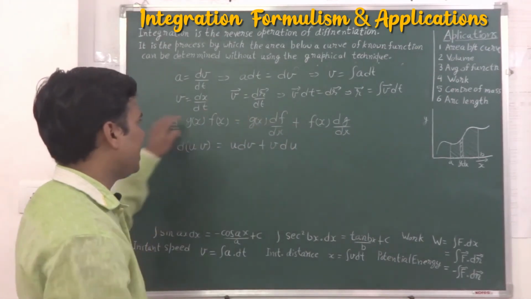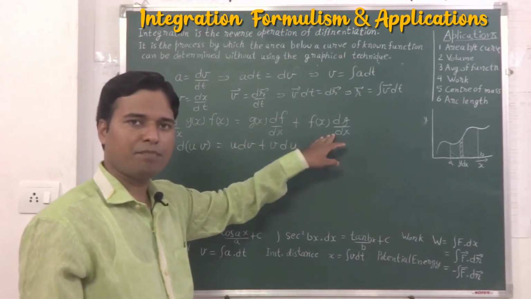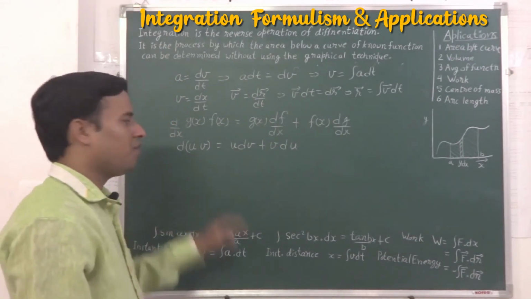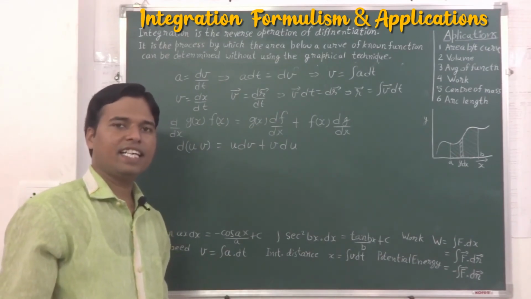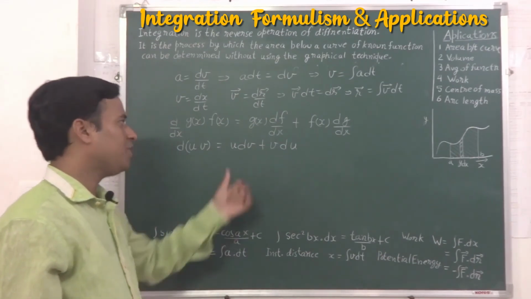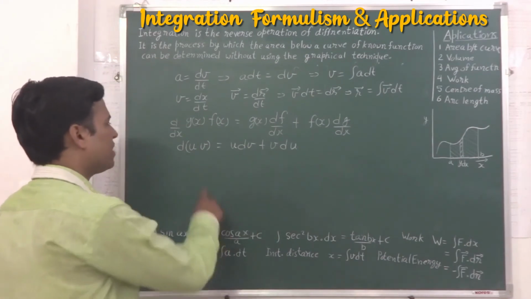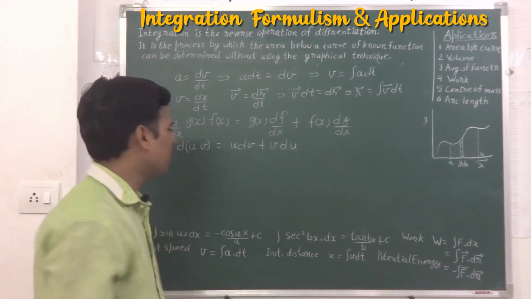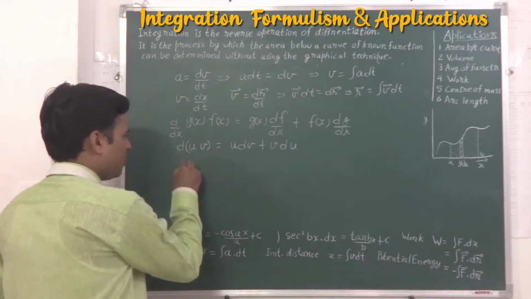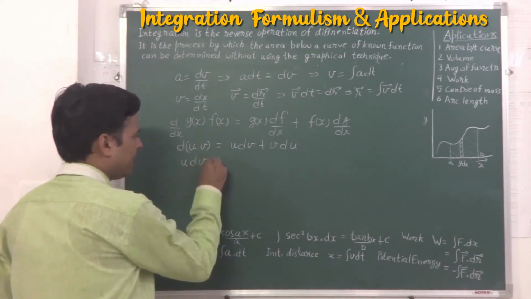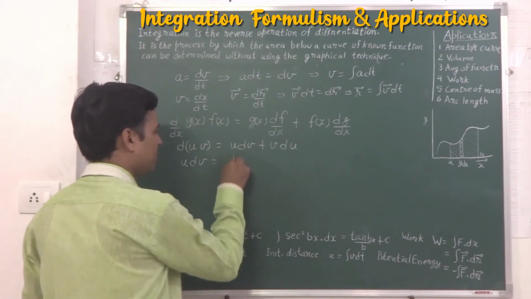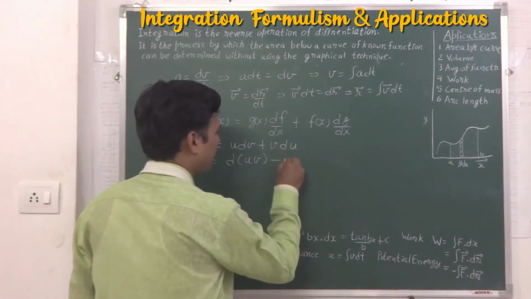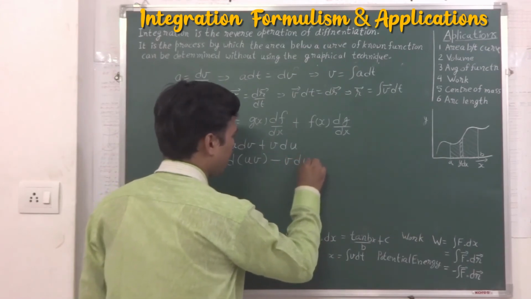When we integrate this complete equation with respect to x, we get this notation. For by-part integration, we use this formula to get the integral of the product of two functions. Then u dv can be written as d(uv) minus v du.